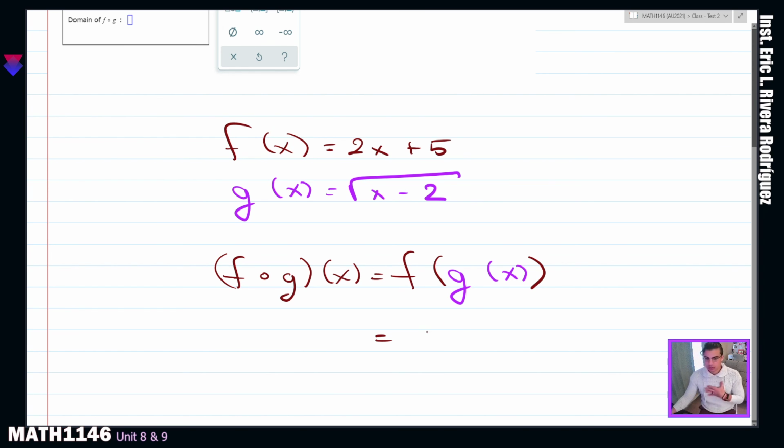What I like to do is this: x now is g of x, so I'm going to follow the definition for the function f. I know that f is equal to x times x plus 5. Well, all the x's are going to be g of x.